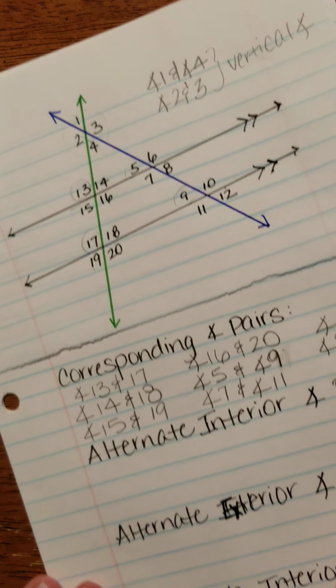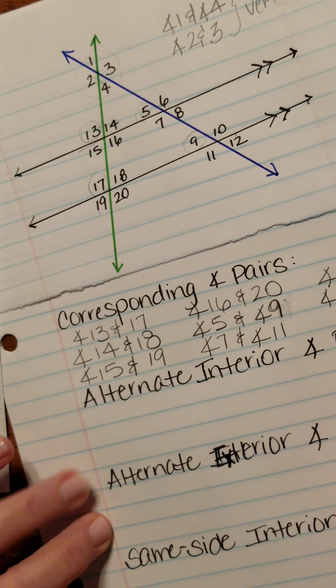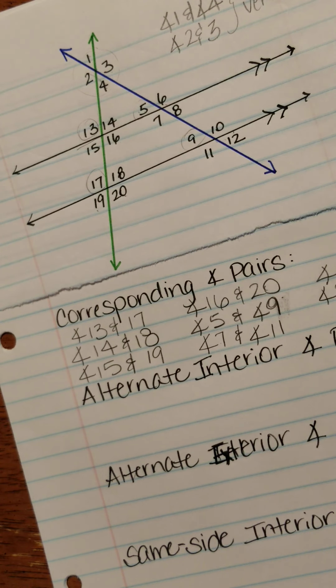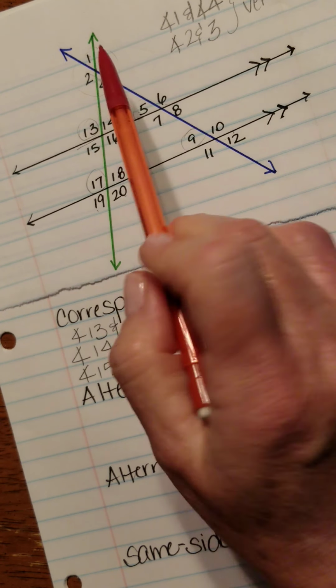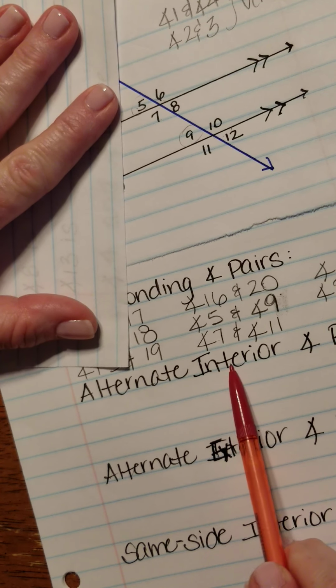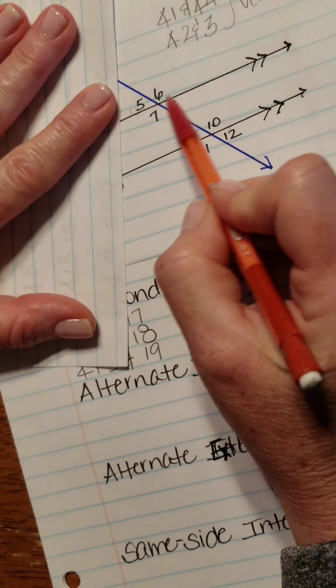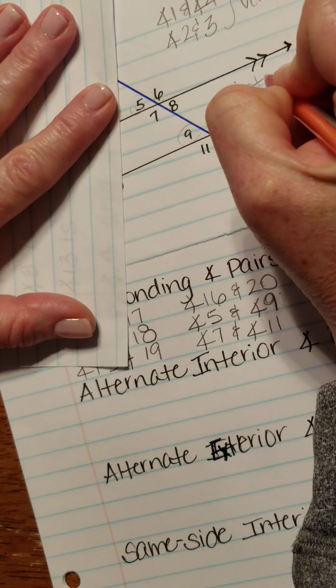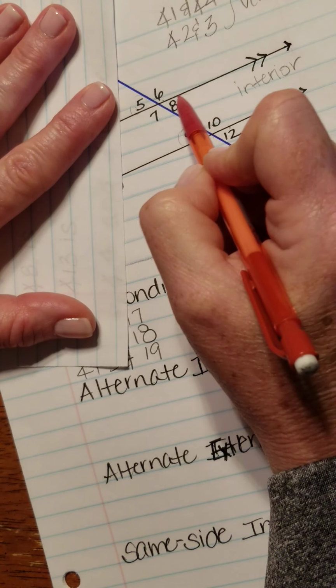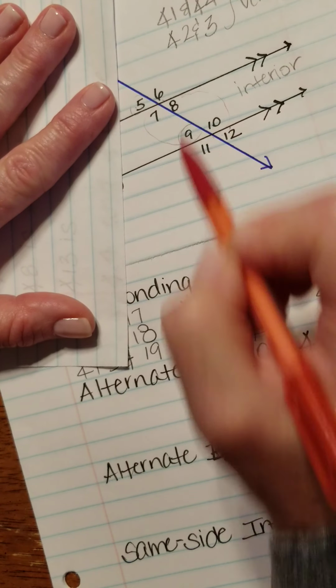Now let's look for alternate interior angle pairs. Again, we only need to look at one transversal at a time, and we're not going to do anything with these up here. So we're looking for interior angles. So we know we're talking about the inside of the parallel lines. So we're only talking about these four right here.